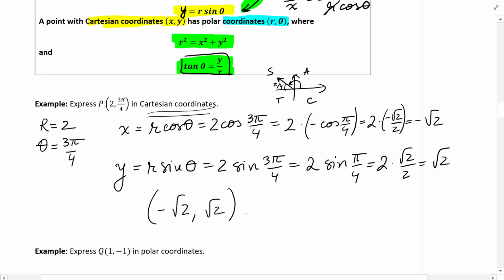If you plot this point in the polar coordinates, it would look something like this. So this point here in Cartesian coordinates is negative square root of 2, square root of 2. It does make sense.